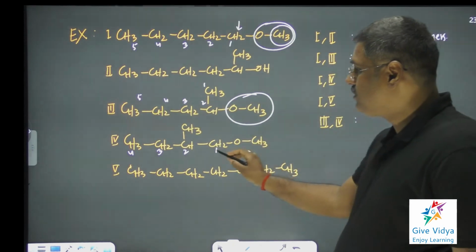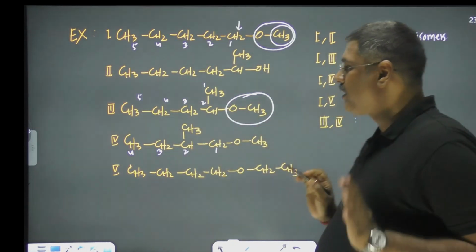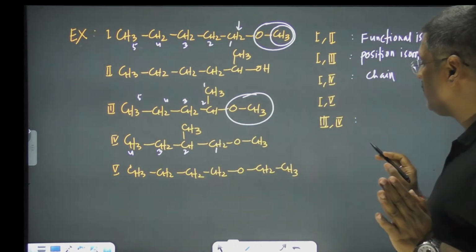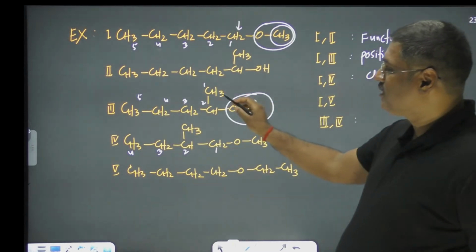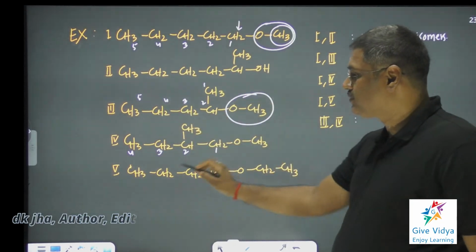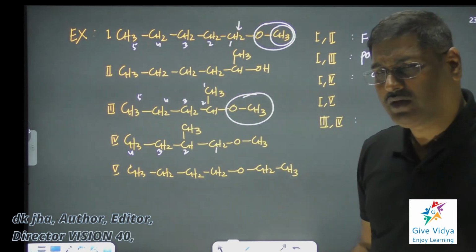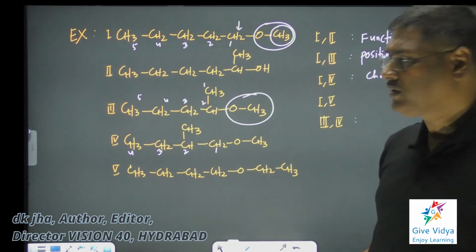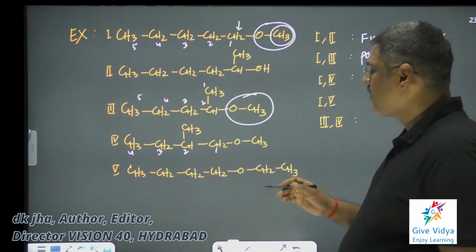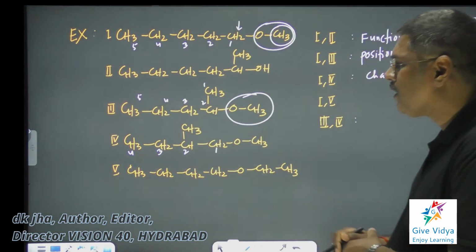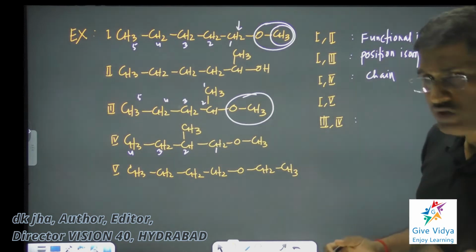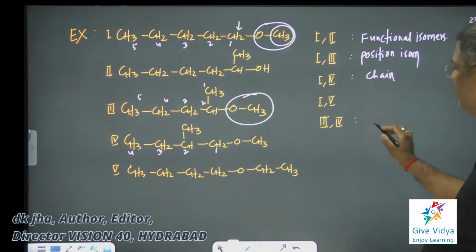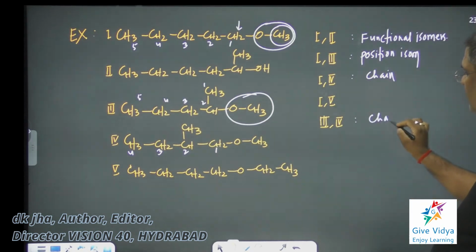In this case, chain is of 4 carbon atoms. So as it contains 5, it contains 4. So there is a basic difference in the chain, the basic skeleton of the molecule. That's why these two are also chain isomers, right? Chain isomers.